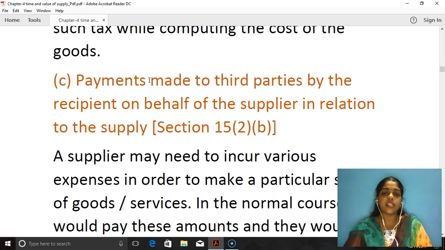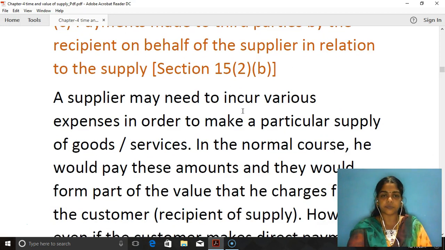Just to avoid GST tax, you cannot route the payment to the recipient and avoid the tax. So payment made to the third parties by the recipient on behalf of the supplier. So the supplier is normally the person who is supposed to pay the third party, but in spite of that, the payment is made by the recipient. So even if the recipient pays the particular payment, still that payment would be included in the transaction value.